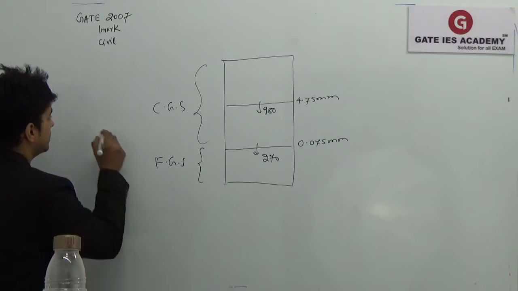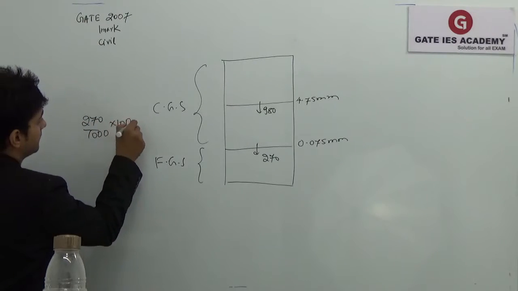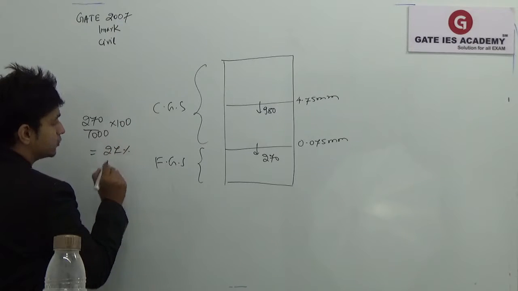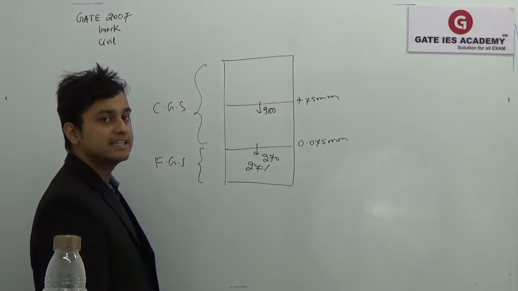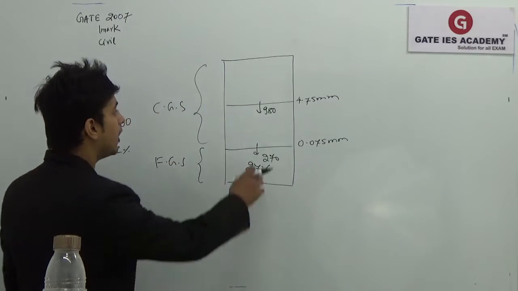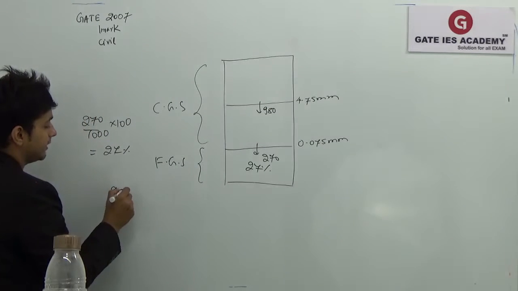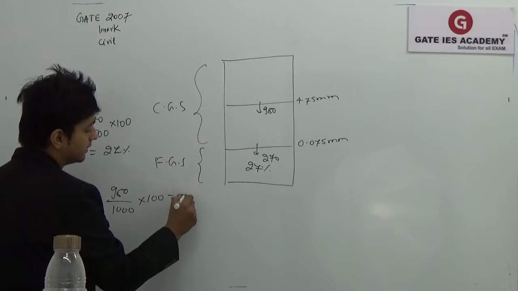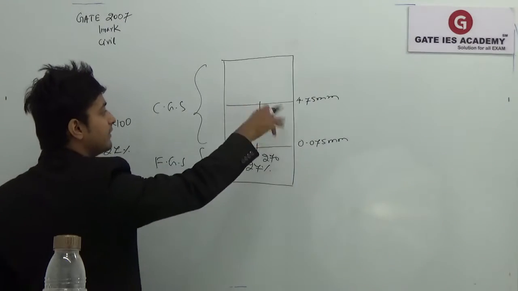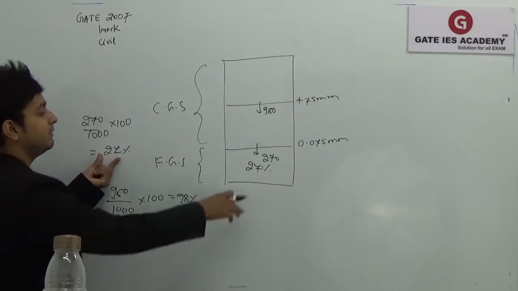So 270 by 1000 into 100 will be giving me 27%. So 27% are fine grained soils, that is inclusive of silt and clay, and net passing through 4.75 mm is 980 by 1000 into 100, that is equal to 98%. So passing 4.75 mm is 98%, therefore 27% will be this one.